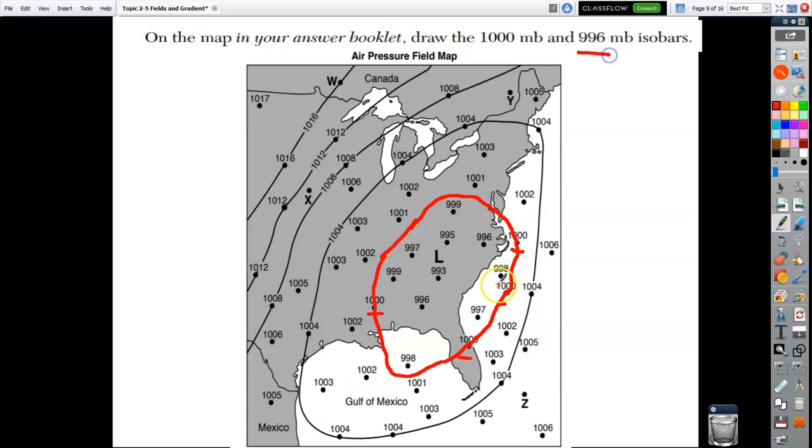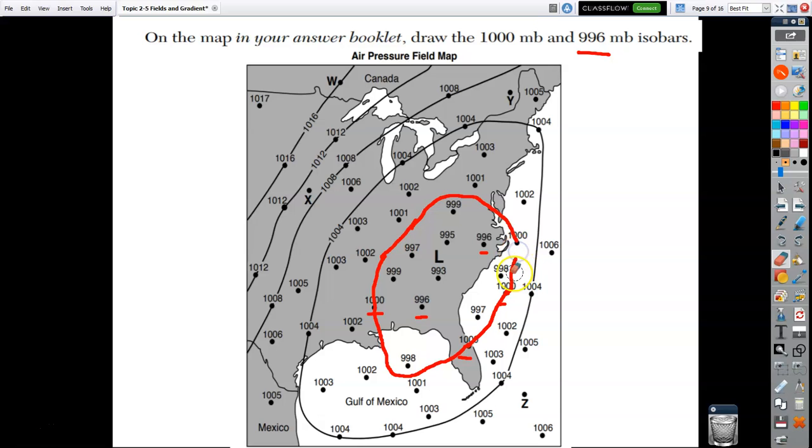Then I'm doing 996. So I'm going to, again, underline my 996s. I got one here, I got one here, and I think that's it. I should mention, you can underline these with a pencil on the regions, but then what you really need to do is go back and erase those lines. I think usually a student will ask, can I leave those little tiny lines there that I underlined?